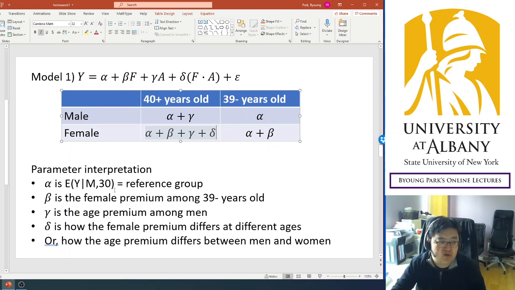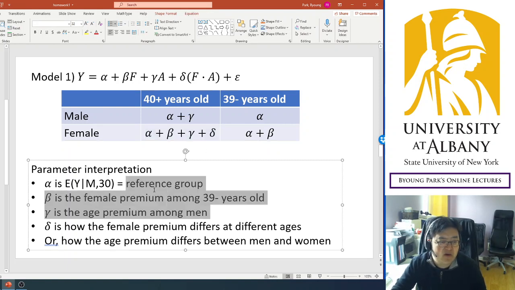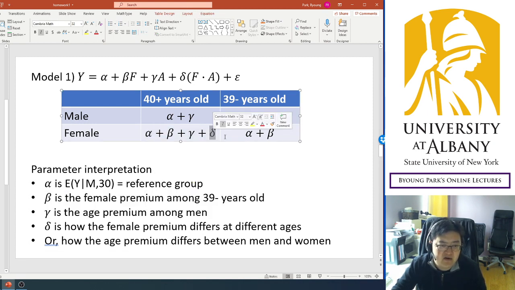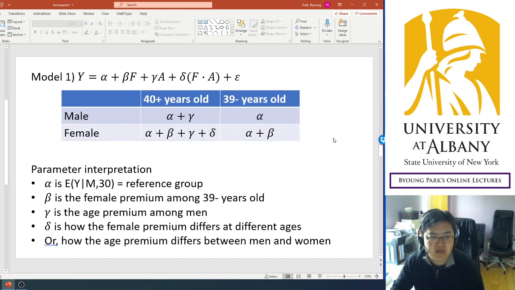And then finally, so far it's not that difficult, but the difficulty is in delta. How would you interpret delta? There are two different ways. First, think about the difference between these two. Among the younger generation, the female premium is beta.